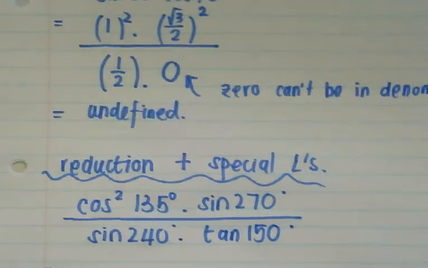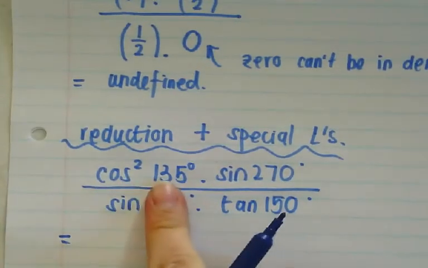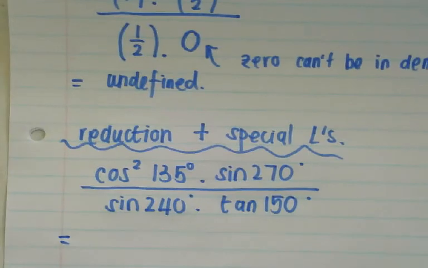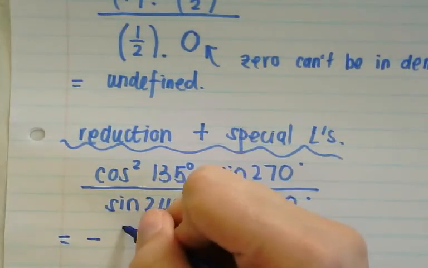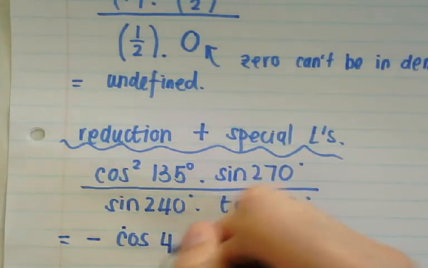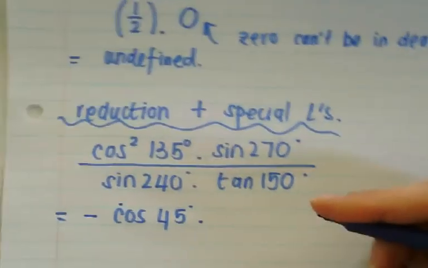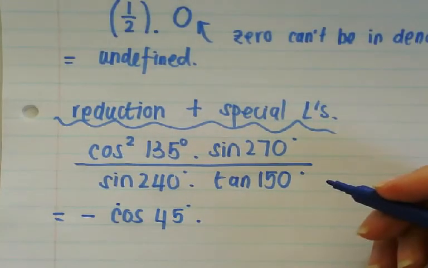Okay, starting with my first one. Forget the fact right now that it is squared. 135 is in which quadrant? Positive or negative cos? Negative. My cos would be 180 minus what gives me 135? 45. Sine 270, which quadrant? Quadrant 3, positive or negative?